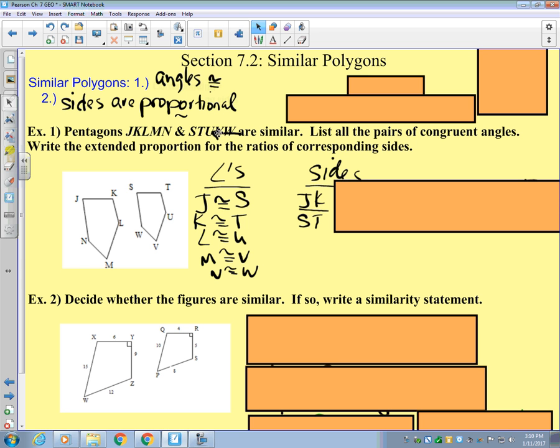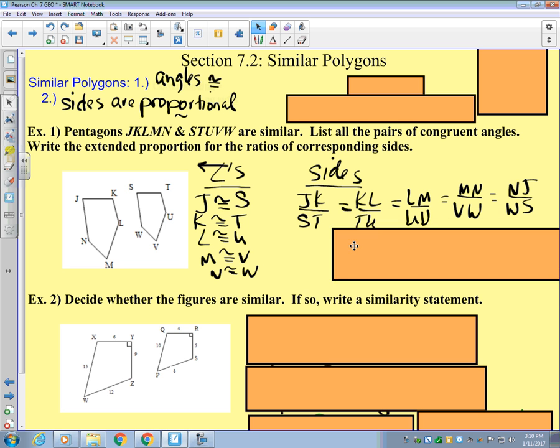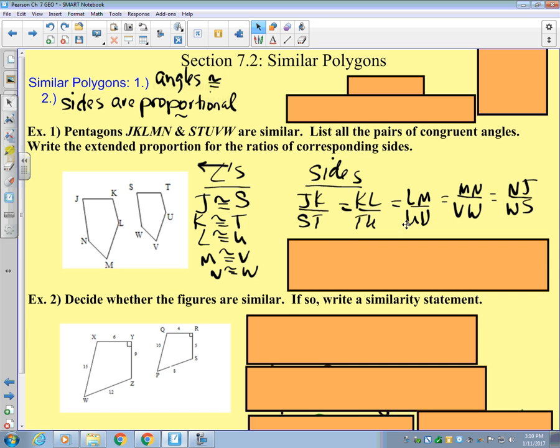And then if we look at the diagram, KL and TU are the corresponding sides. We follow that same pattern out, and we get LM and UV, MN and VW, NJ and WS. And those ratios of the corresponding sides are all going to be congruent.